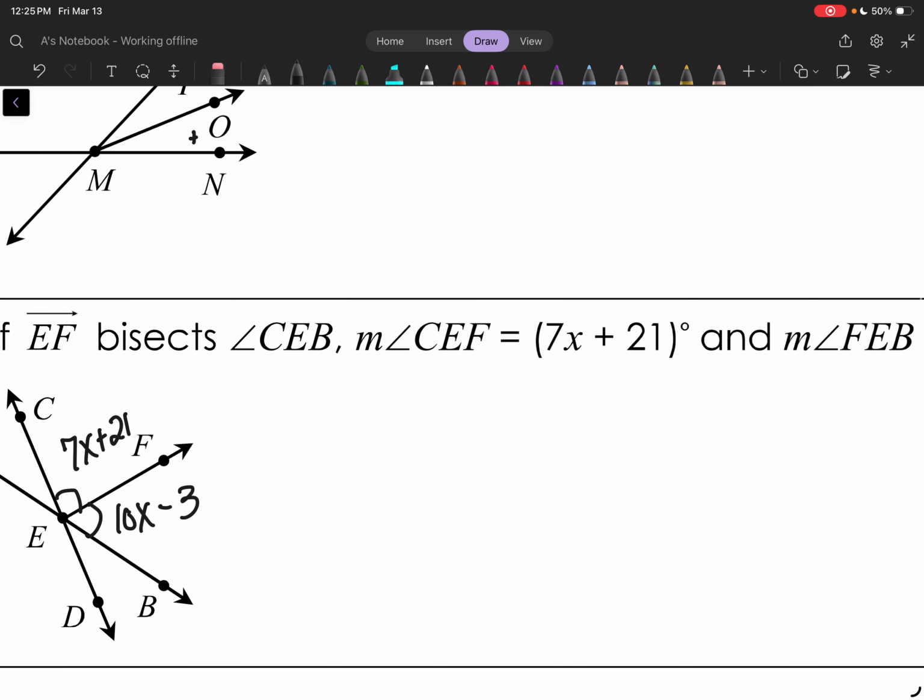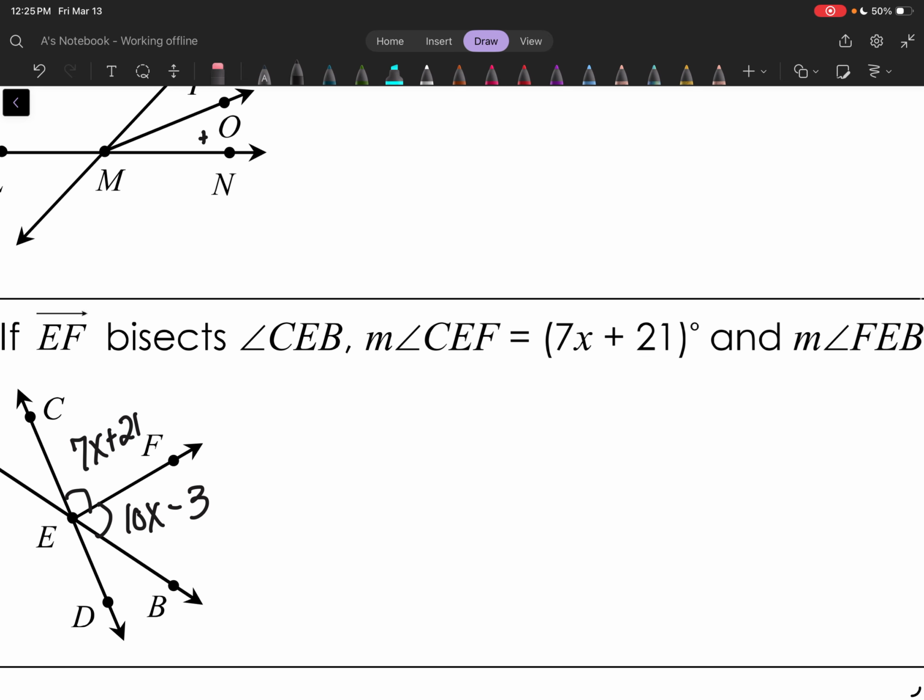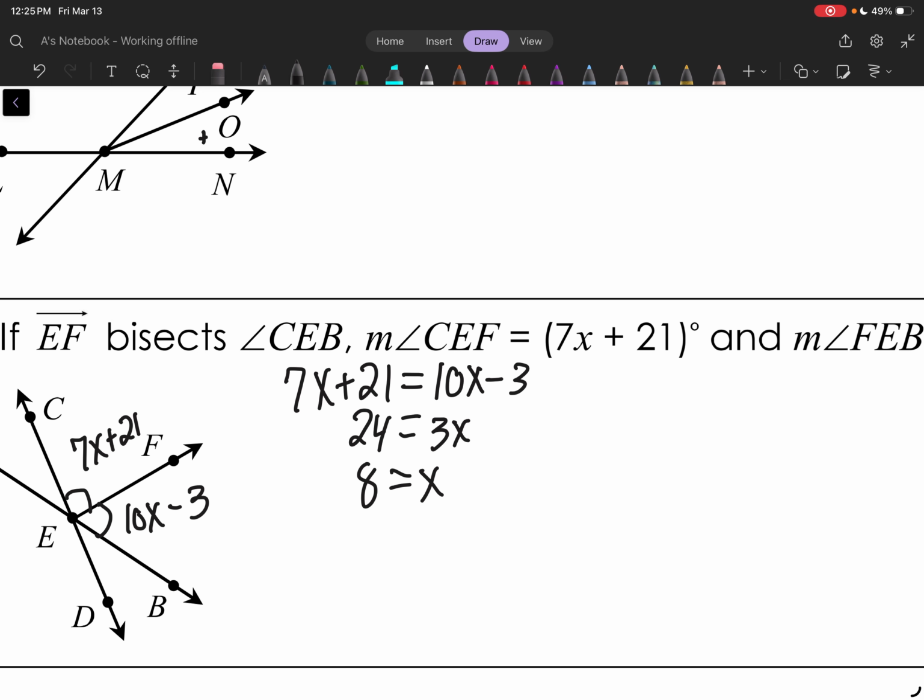Now let's stop there and find out what these angle measurements are. So 7x plus 21 equals 10x minus 3. 3x equals 24. 8 is equal to x.